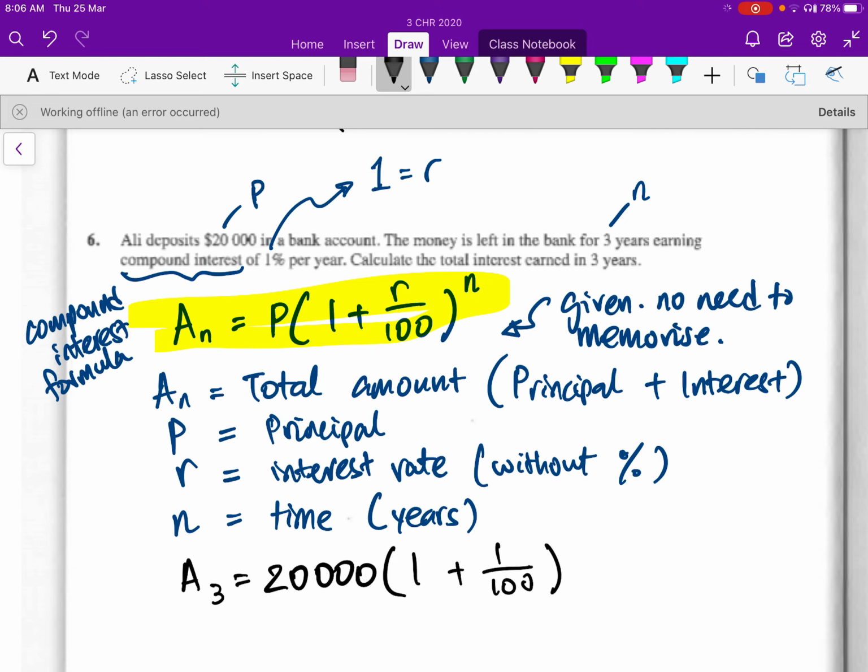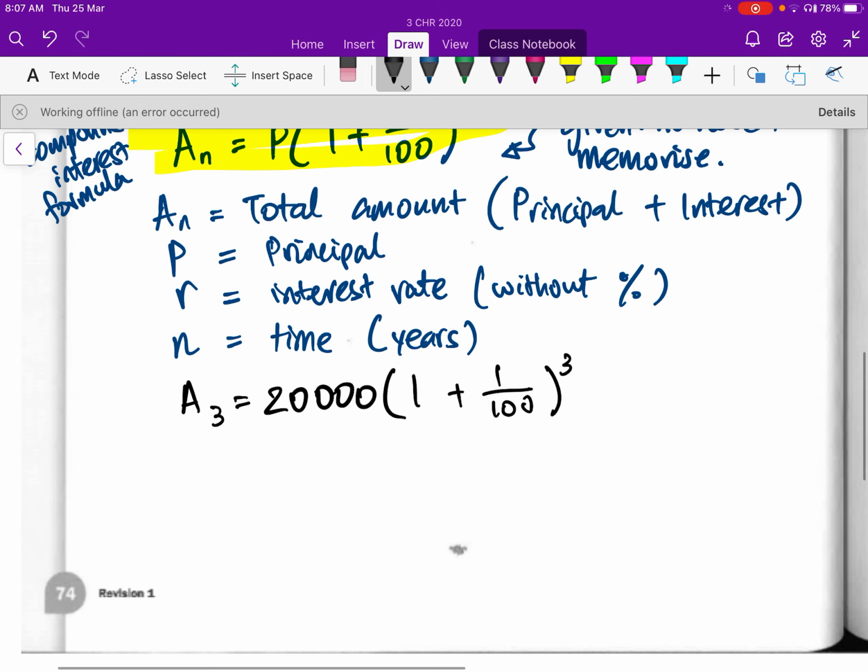The power N. N will be 3. As simple as this, we key it into our calculator. And we get 20606.02. Then minus. Okay, hang on.